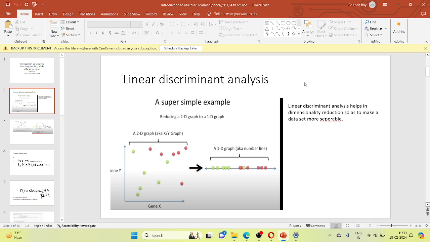Suppose the gene X we are looking at: if it is at low quantity, the green ones are the samples which show that the person has no disease. And as the concentration of the gene increases, the person is having disease. Okay.